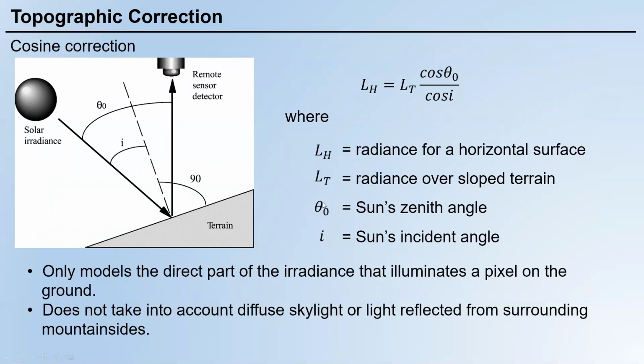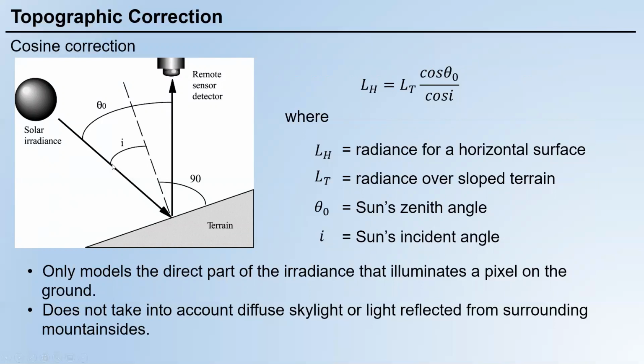So we need theta 0, the sun's zenith angle. The sun is right here. Theta 0 is the angle between the sun's illumination and your sensor. And I is the sun's incident angle.